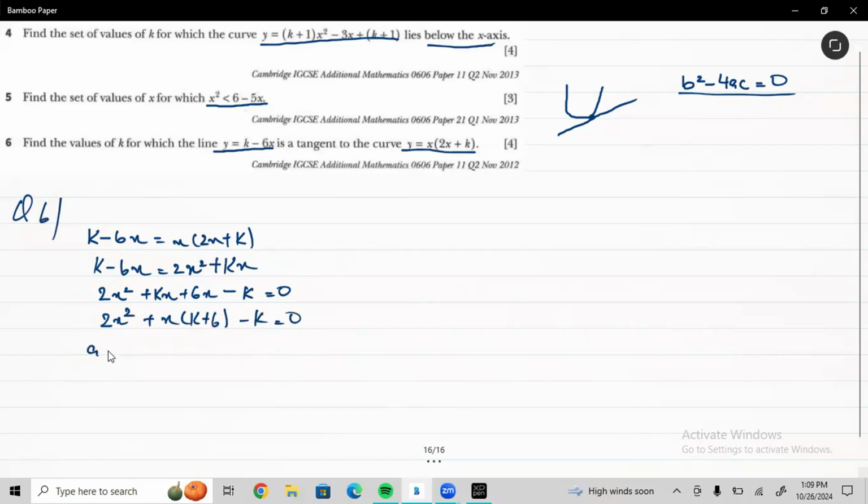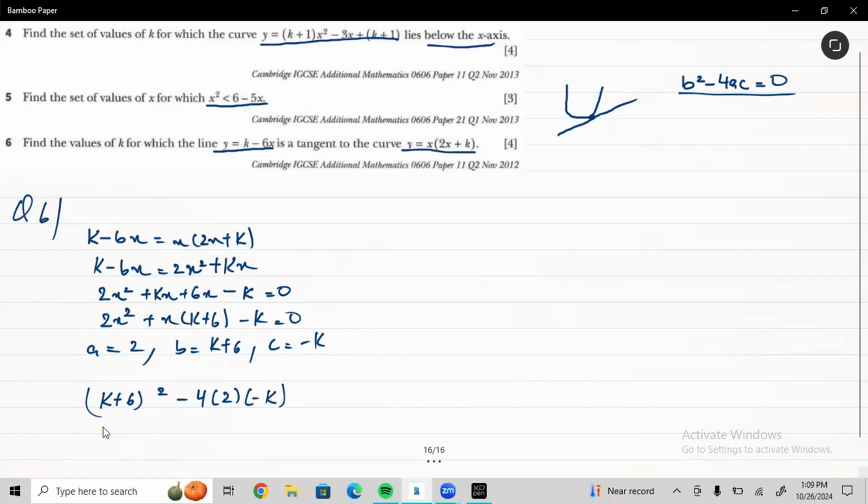So our a is equals to 2, b is equals to k plus 6 as a whole, and c is equals to negative k. Substitute this into our equation. b squared is going to be k plus 6 whole squared minus 4 multiplied by 2 multiplied by negative k.